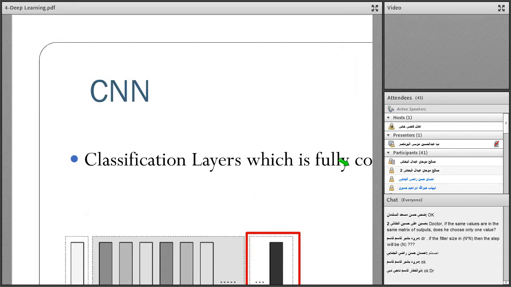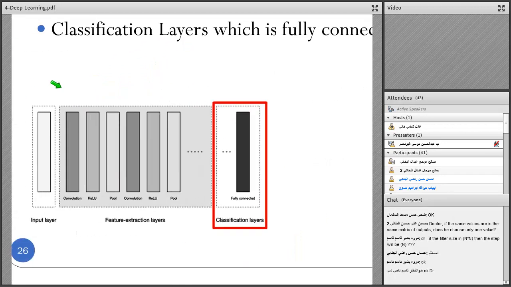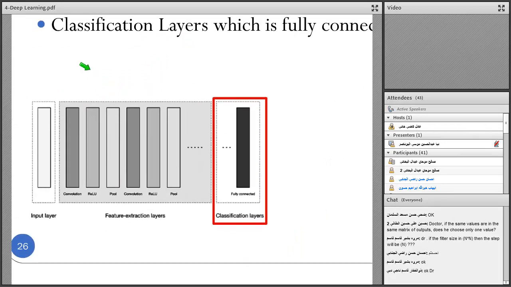These were the convolution and the pooling, the feature extraction layers, and then we have the classification layers.